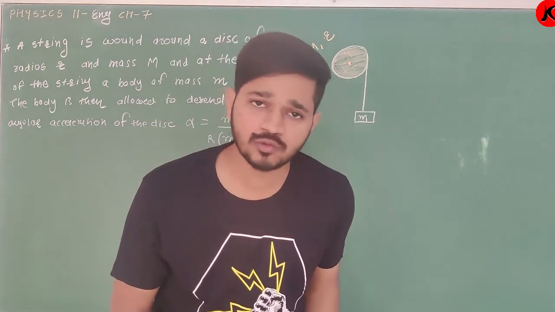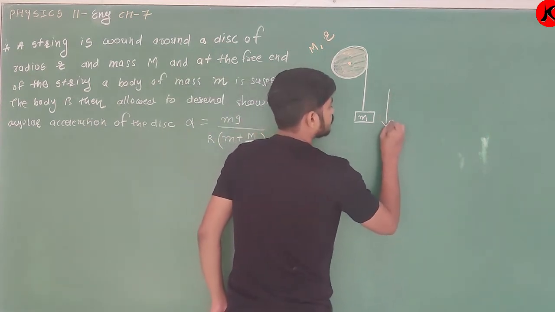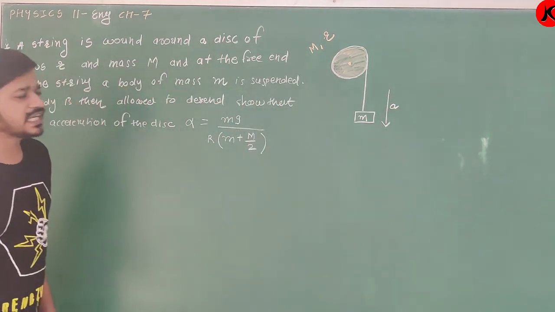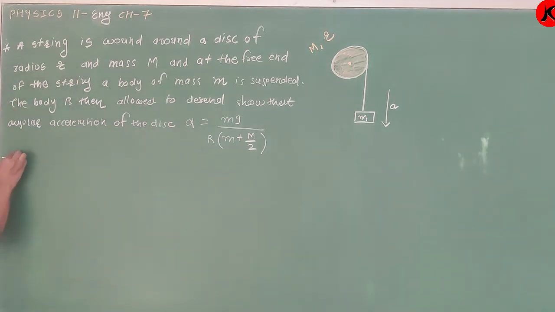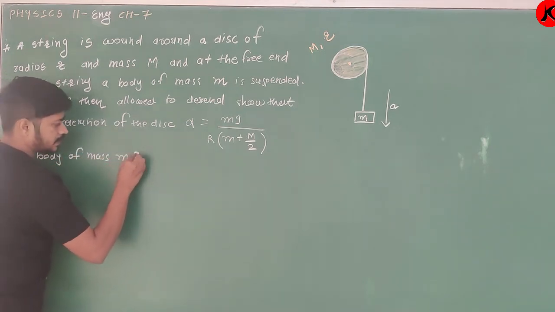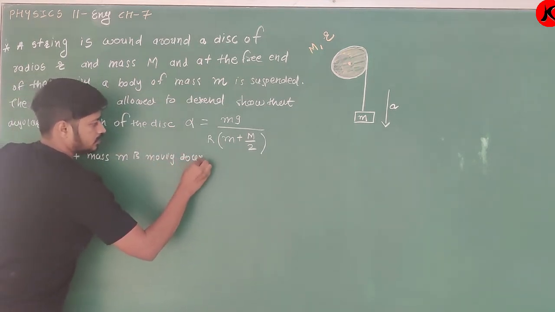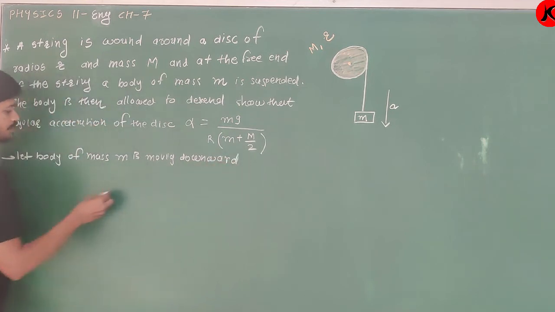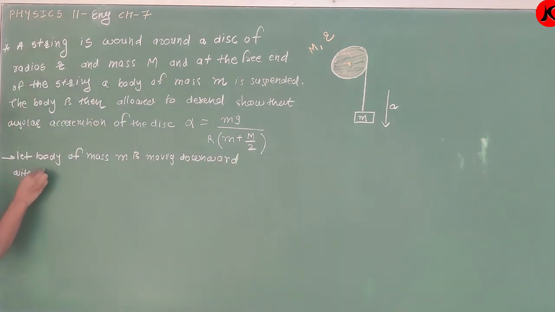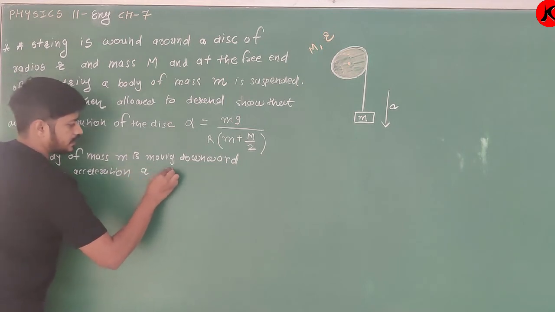So I am assuming that the body of mass m is moving downward with linear acceleration a, as shown in the figure.